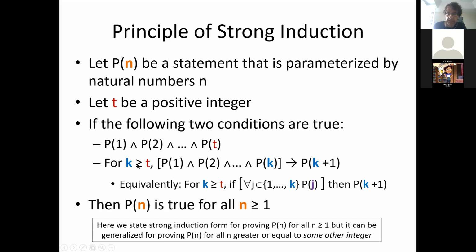Let's instantiate this implication for k equal t. You prove this implication in general for any k greater or equal to t, so in particular, it works for t. What does this instantiate to? Exactly the base cases. And because they are true, the implication implies that P of t plus 1 is true.